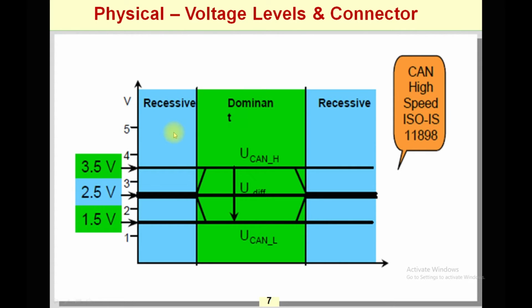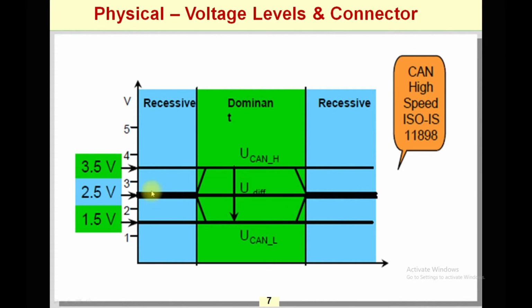In the differential logic with respect to CAN, when the transmitter sends a recessive bit, both the CAN high and CAN low bus remain at 2.5 volts. When the transmitting bit is dominant, the voltage difference between CAN high and CAN low is 2 volts.